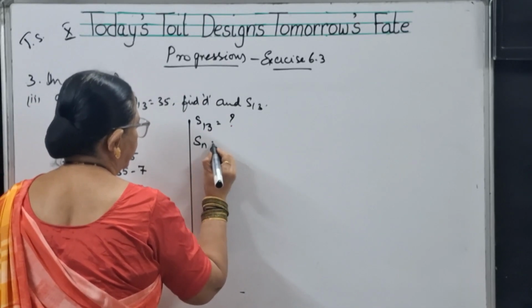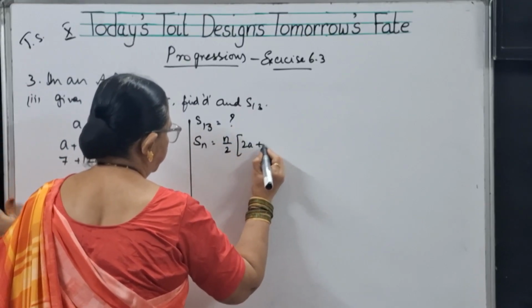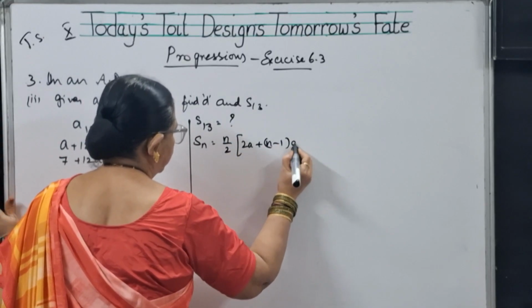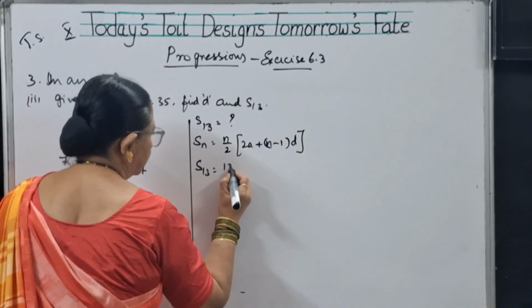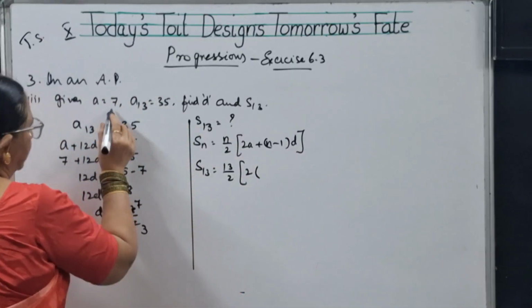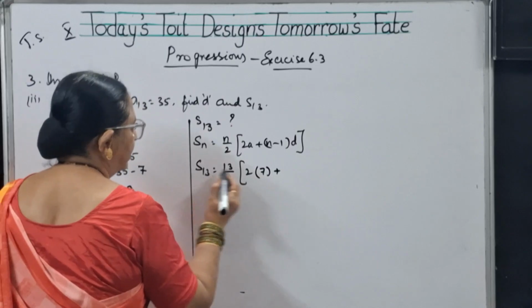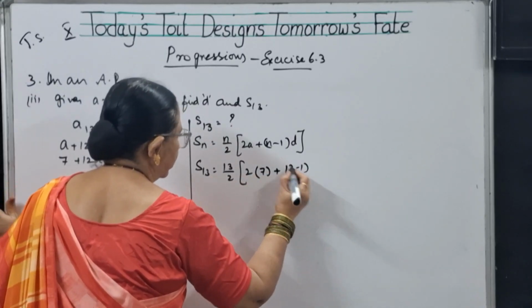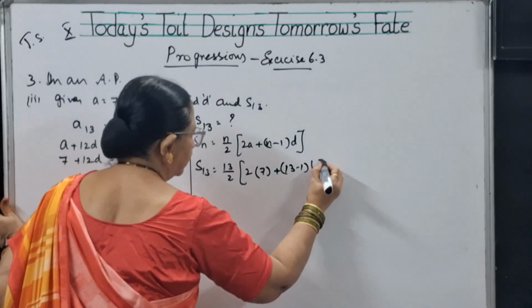We know the formula Sn is equal to n by 2 into (2a plus (n minus 1) into d). So here S13 is equal to 13 by 2 into (2 into a, a is 7, plus (13 minus 1) into d, we got it here 7 by 3).